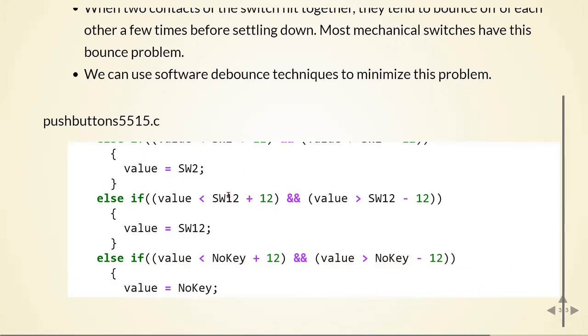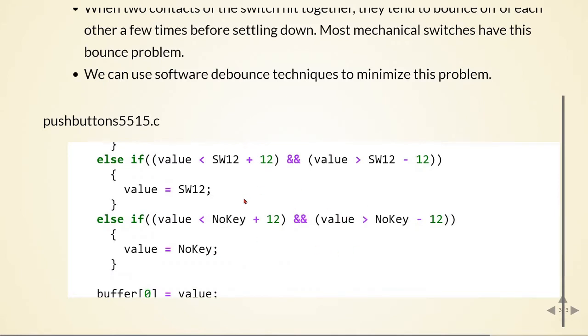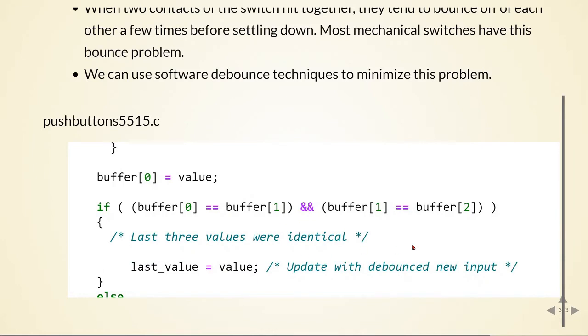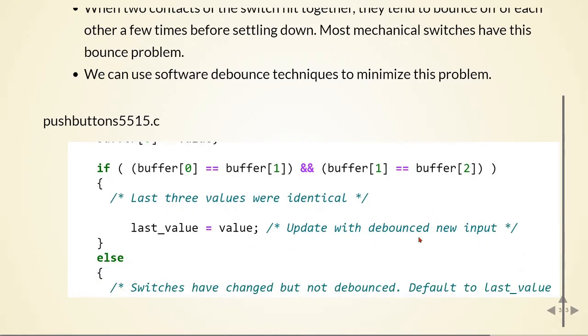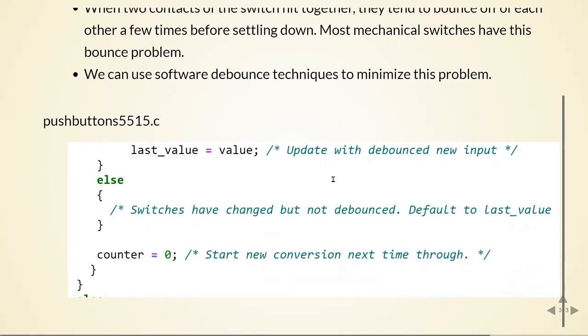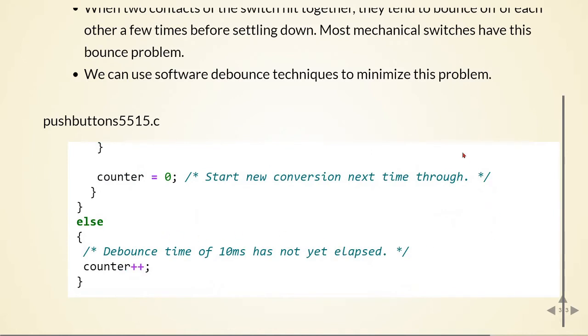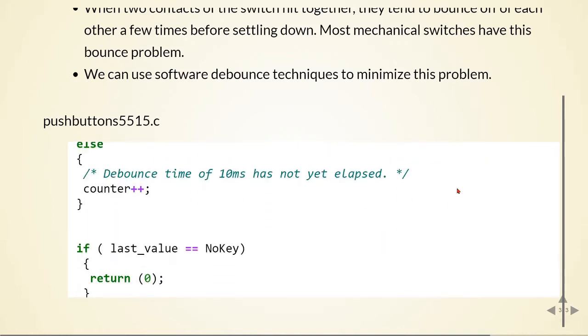This interval means that both switches are pressed, and this is when no switches are pressed. We also compare with this buffer, and we update with the debounced new input in case the last three values are identical. If not, the switches changed but were not debounced, and we wait for the 10 millisecond debounce time to pass, and then we read again.